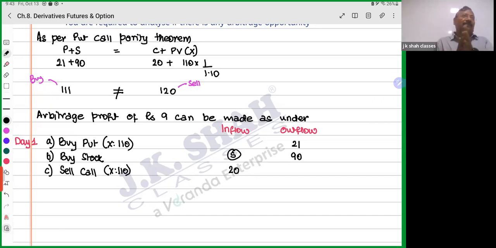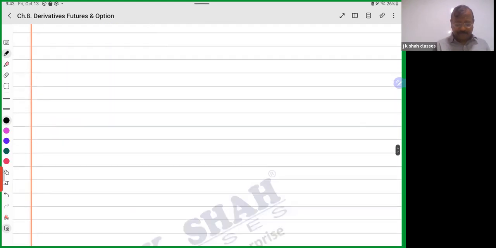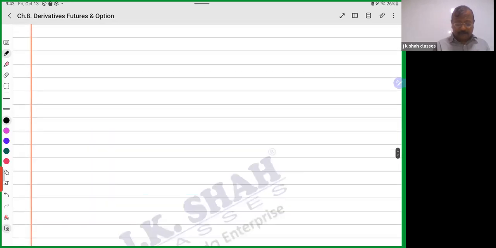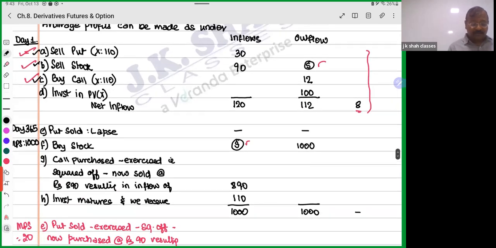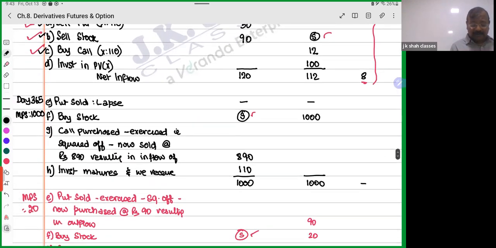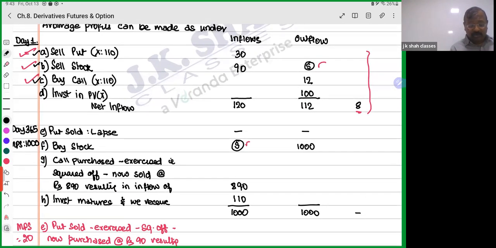Now, see, in the first case, everyone listen carefully. In this problem, if you notice, now this has multiple angles to it. What did we do to the stock? Sell stock. Now, once you sold the stock, you will receive money. What are you going to do with that money?